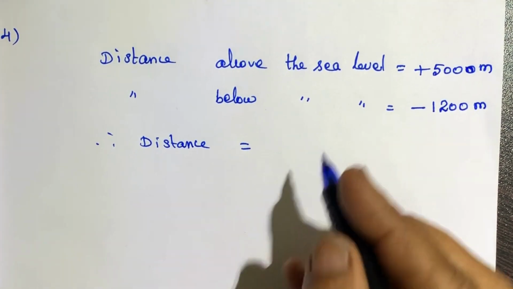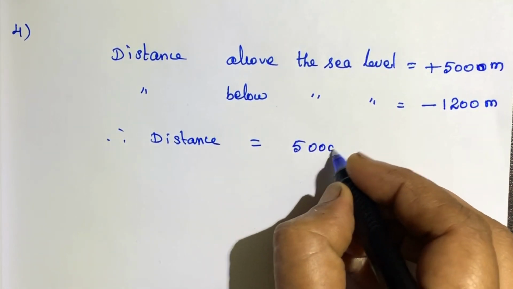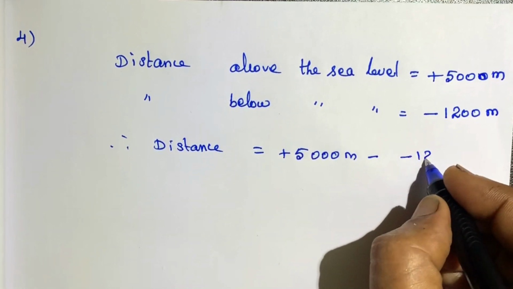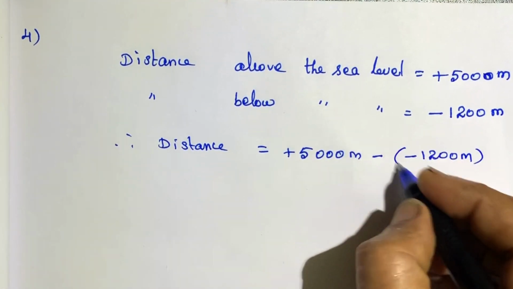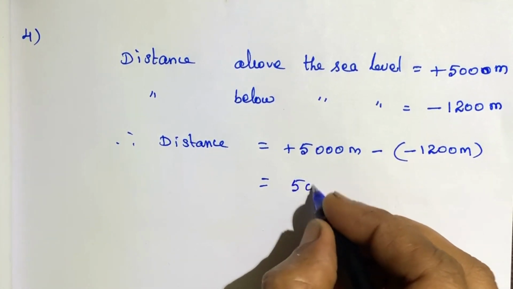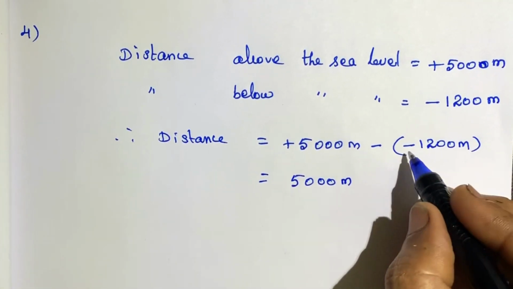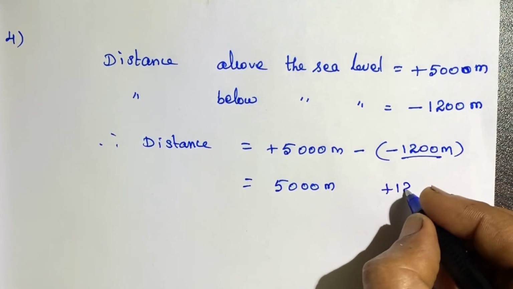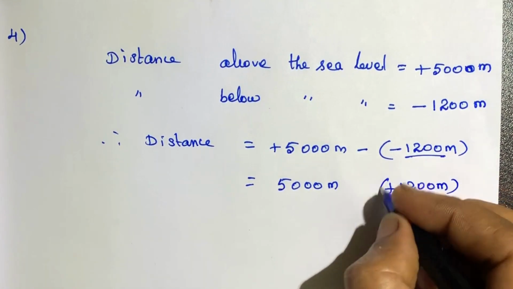Therefore, the distance is plus 5,000 meter minus of minus 1,200 meter. So obviously we are adding only here. This additive inverse we have to write, so plus 1,200 meter.